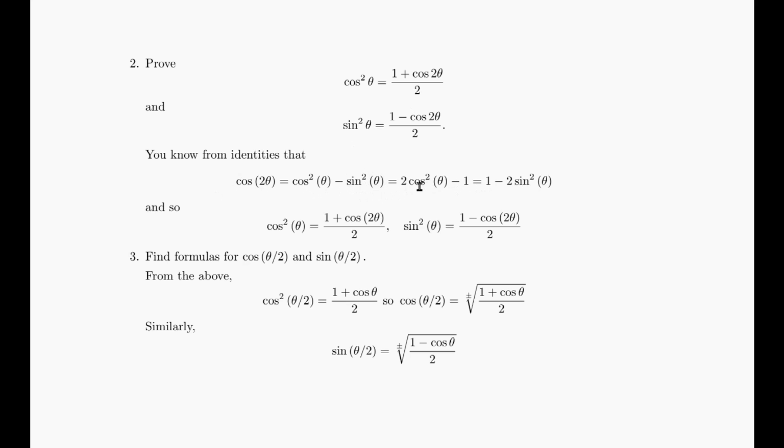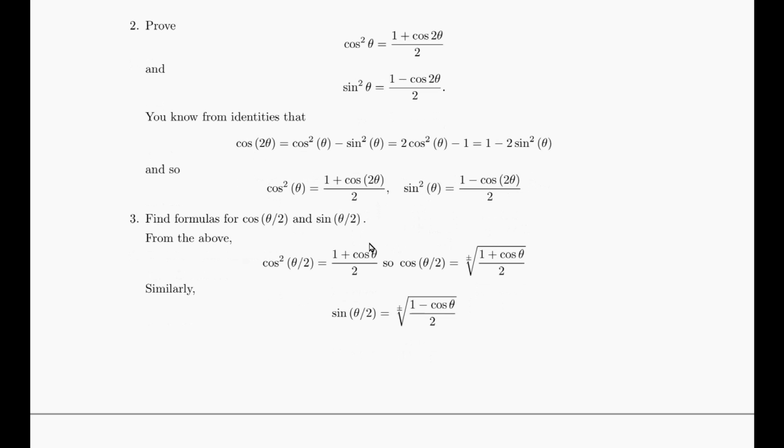And now I can solve this equation for cosine squared of theta. It's just 1 plus the cosine of 2 theta over 2. Sine squared of theta is equal to 1 minus the cosine of 2 theta over 2. And now I can find cosine and sine of half angles.